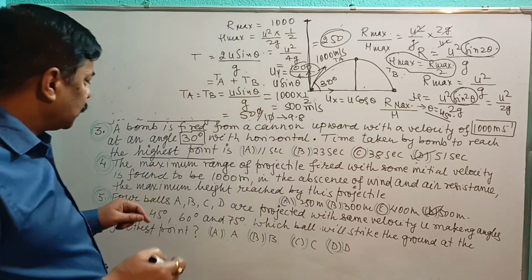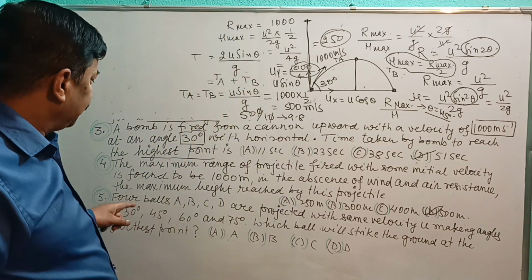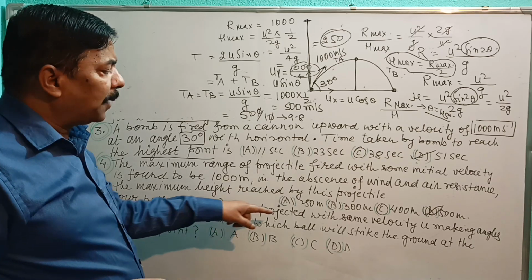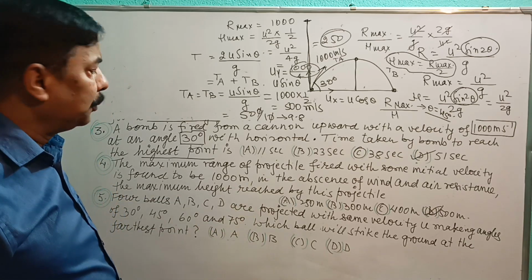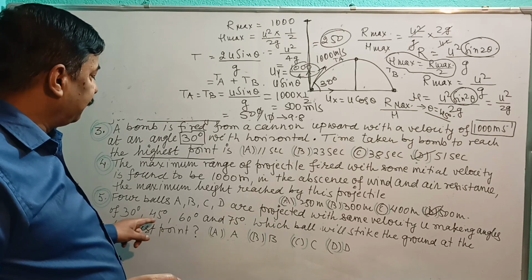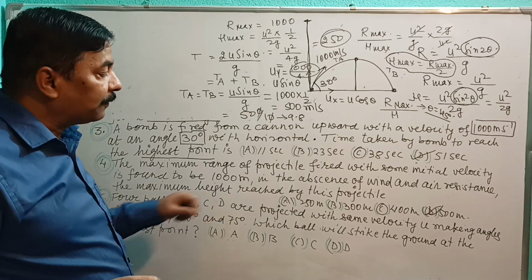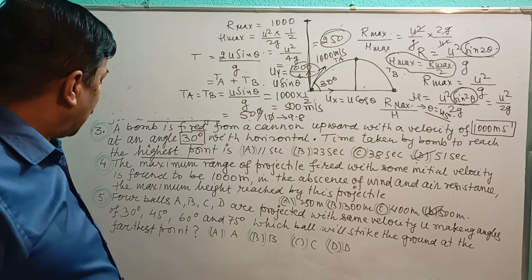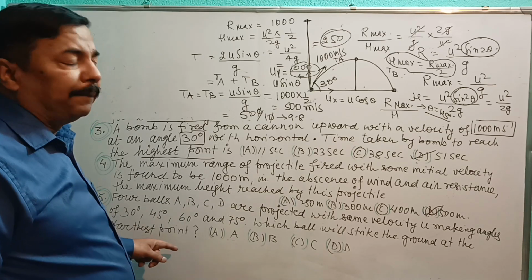Now in the next question, if we try to understand, 4 balls are there, A, B, C, D, projected with same velocity u, making an angle 30 degree, 45 degree, 60 degree and 75 degree. Which ball will strike the ground at the farthest point?